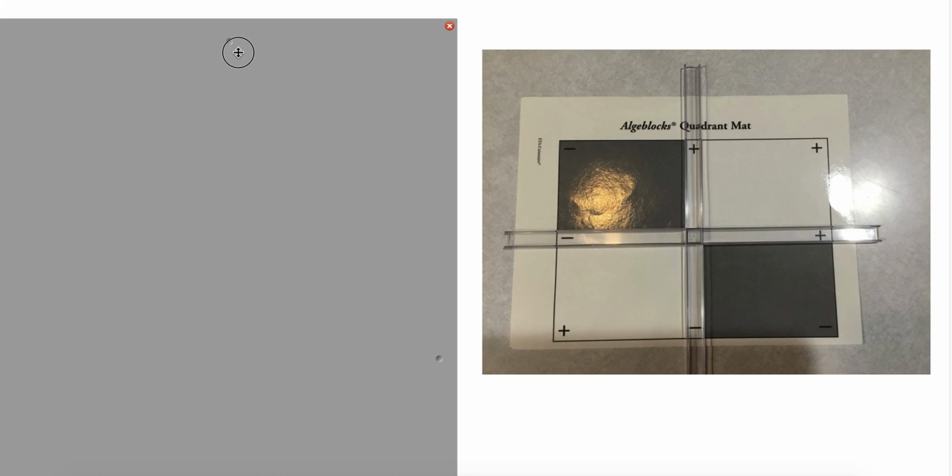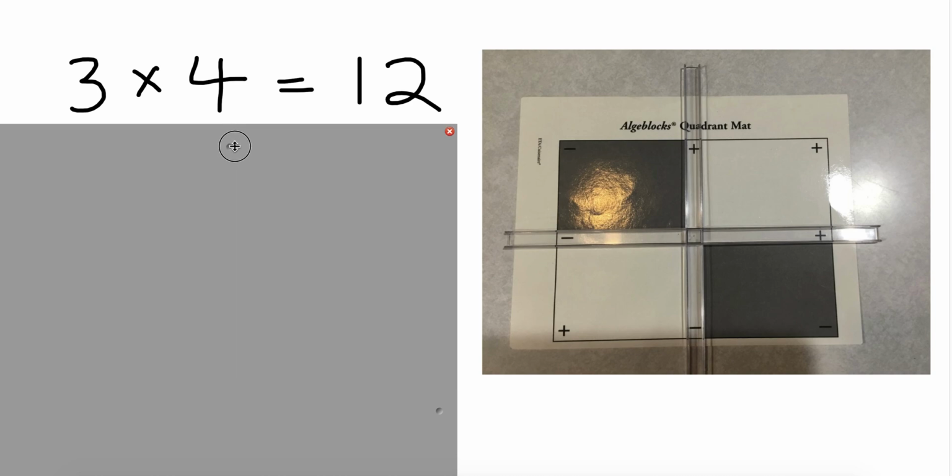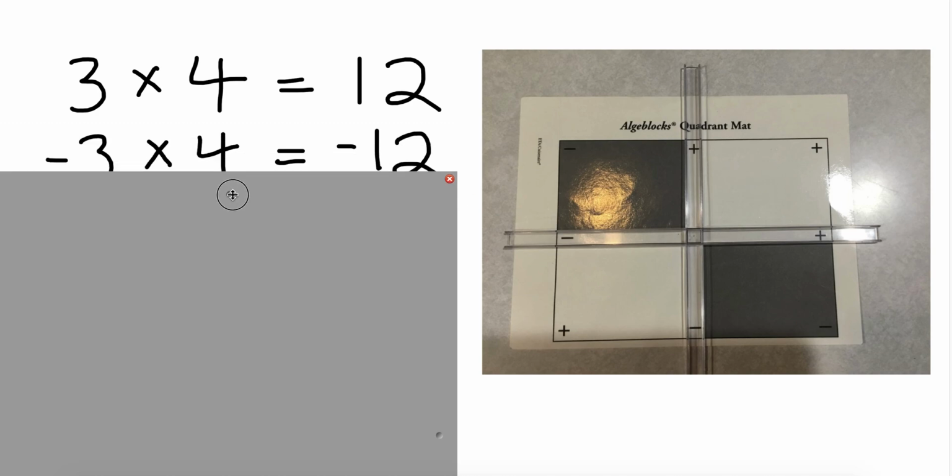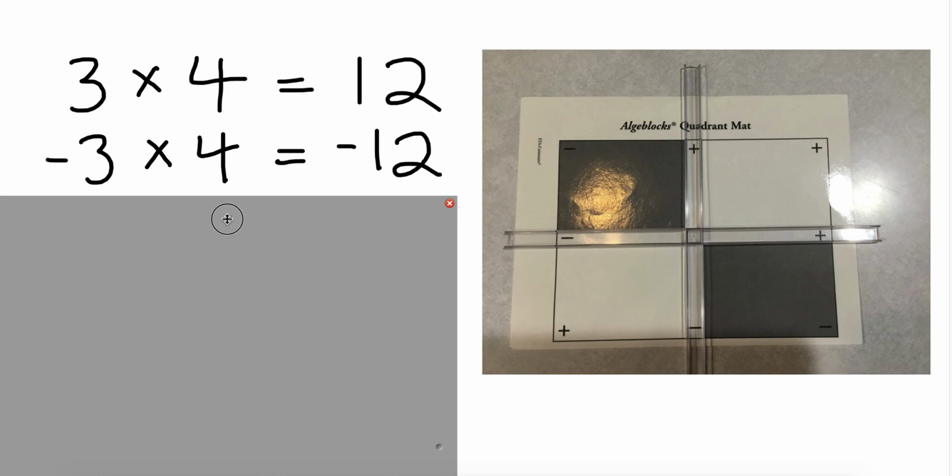So from what we've learned, when we took 3 times 4, a positive times a positive, that gave us an answer of positive 12. When we took negative 3 times positive 4, we could put our answer here and here, or here and here. That answer will fall into a negative quadrant. So negative 3 times 4 equals negative 12.